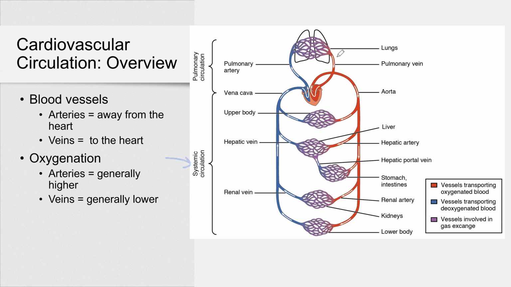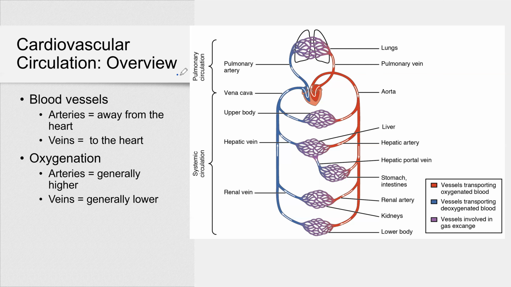Now, first of all, we use red color over here for oxygenated blood and blue color for deoxygenated blood. So deoxygenated blood means it has a high amount of carbon dioxide, right? And oxygenated blood has a higher amount of oxygen. So in a systemic circulation, you see the blood vessels that carry blood away, arteries, are oxygenated.